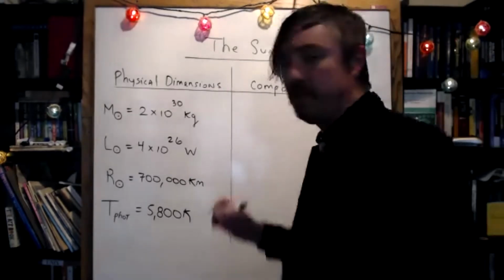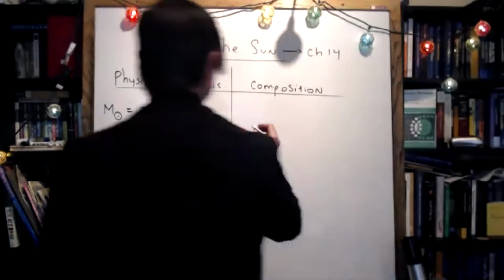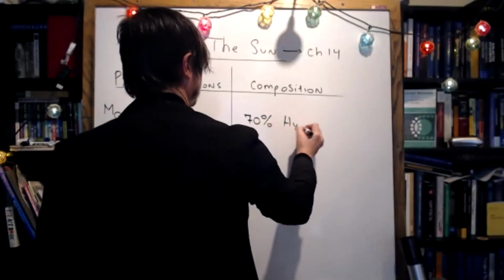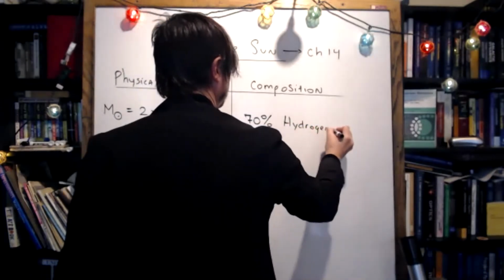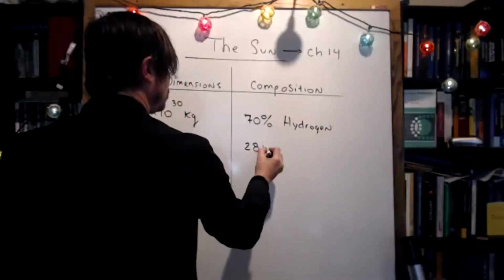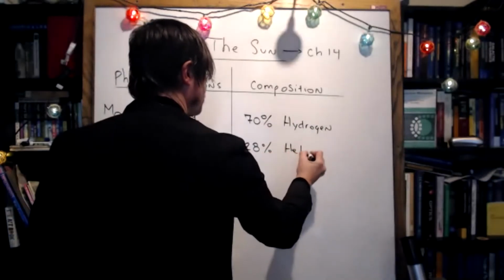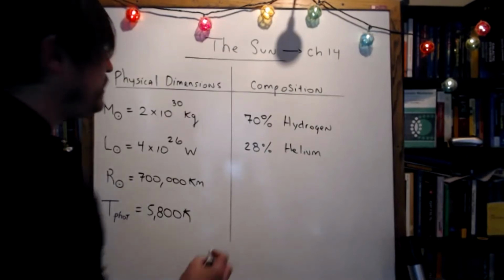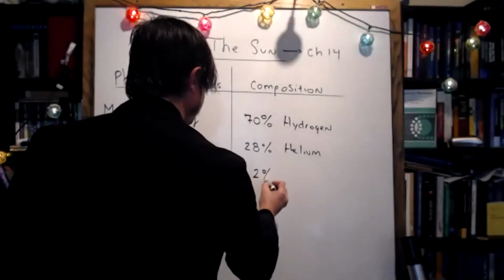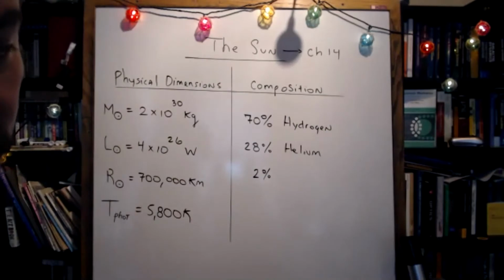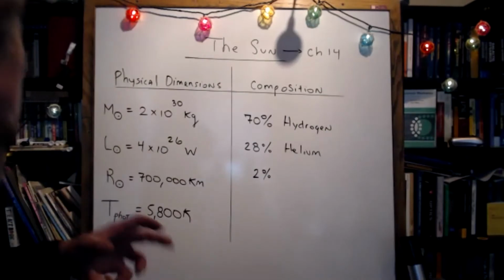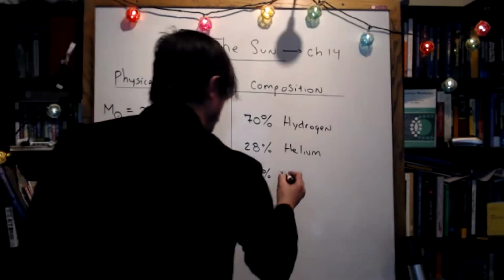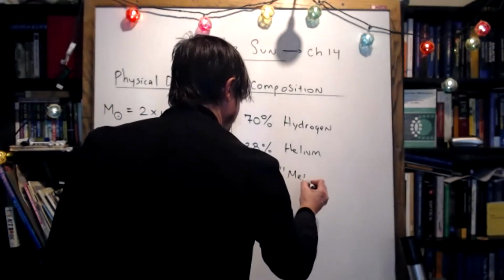Its composition can be broken down by mass to be 70% hydrogen gas, 28% helium gas, and the remaining 2% of the sun, I'm going to use a charged term in astronomy, a term that means something special to astronomers. They call it metals.